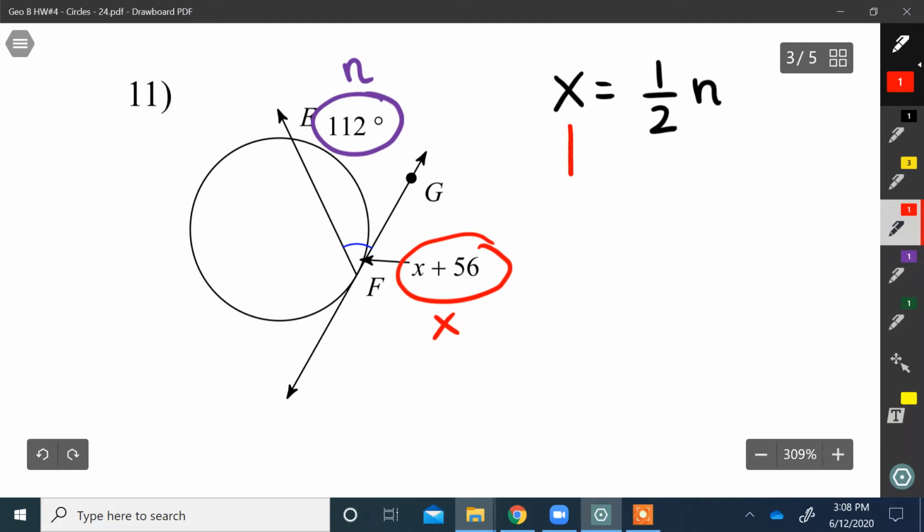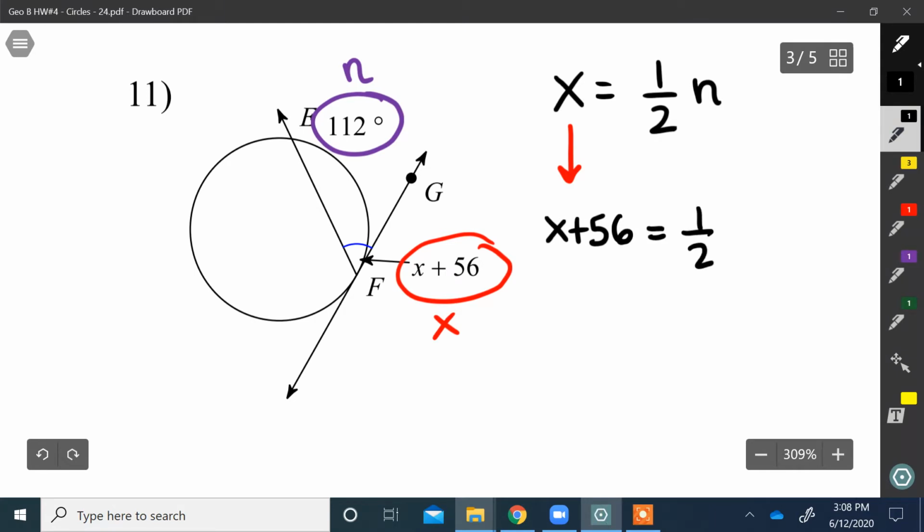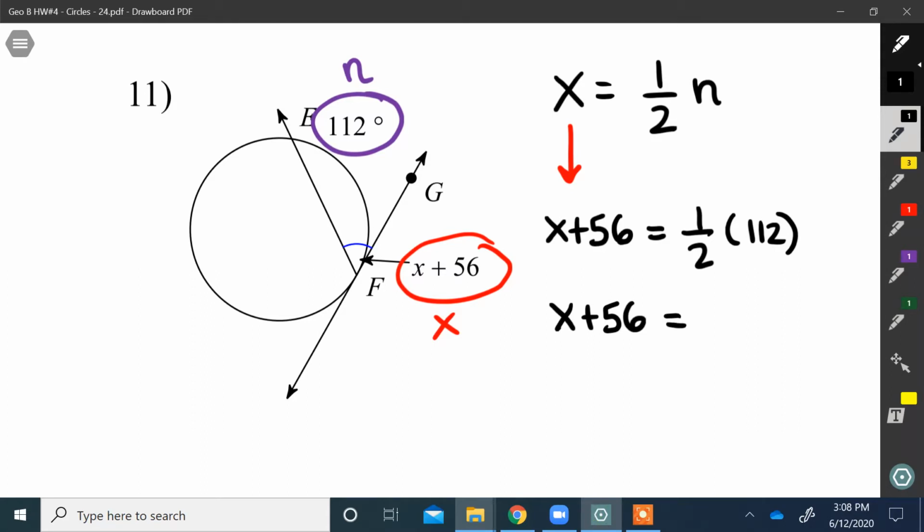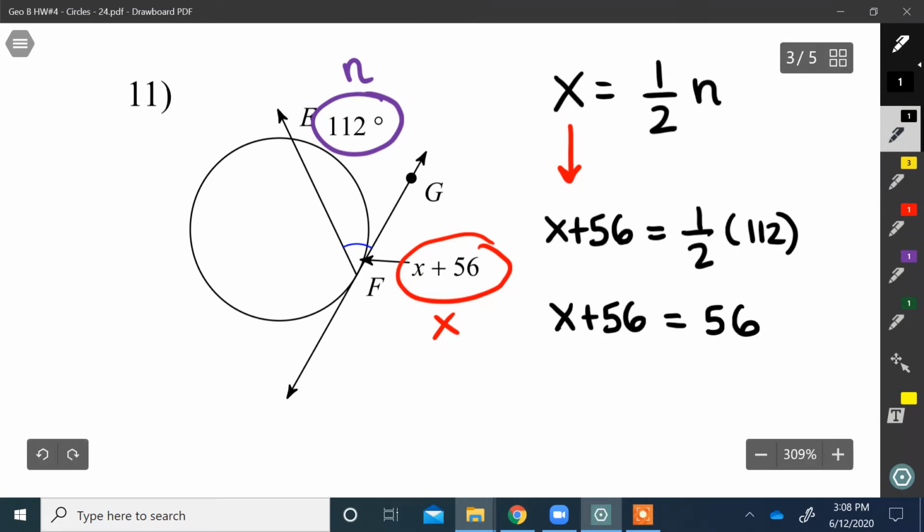So again, the x in this case will be x plus 56 is equal to half, and the n in this case is 1/12. Half of 1/12 is 56. Oh, I'm actually gonna get 0 in here. Let me confirm that. Yes, that is true. So x in this case will be 0.